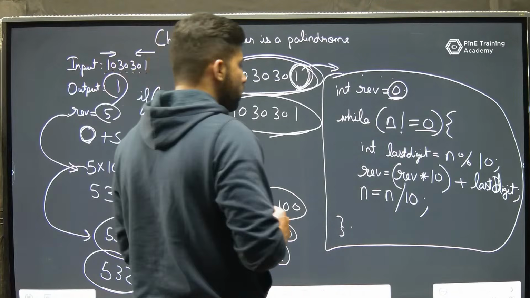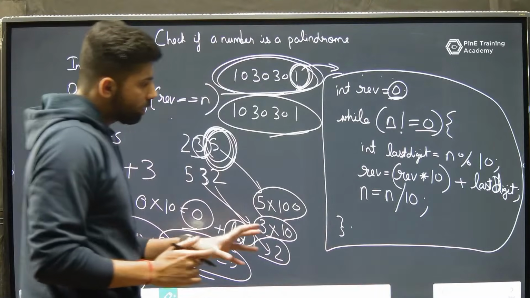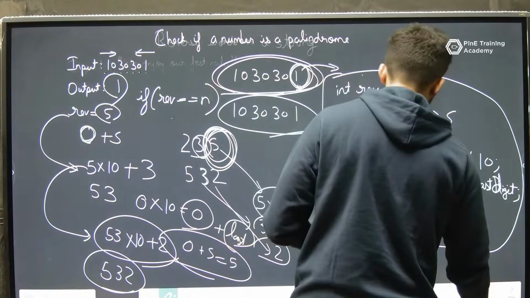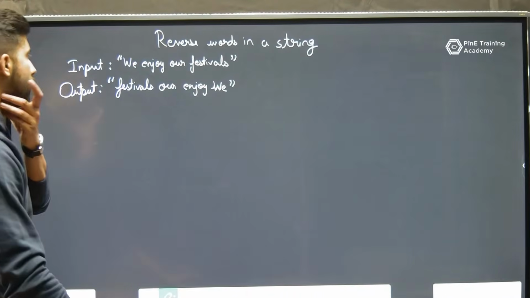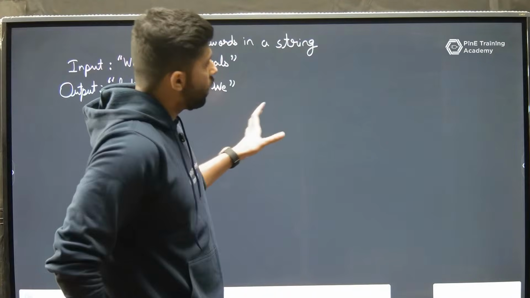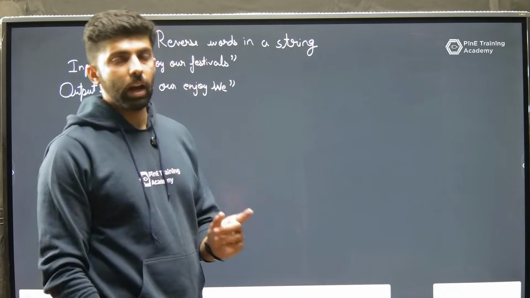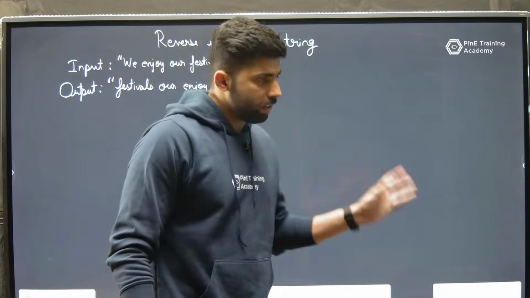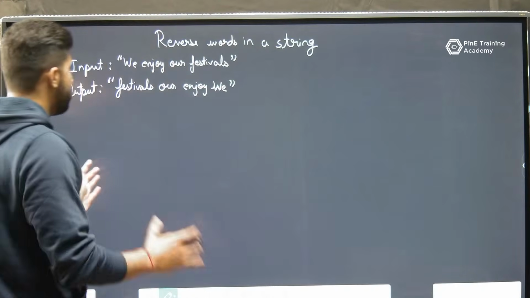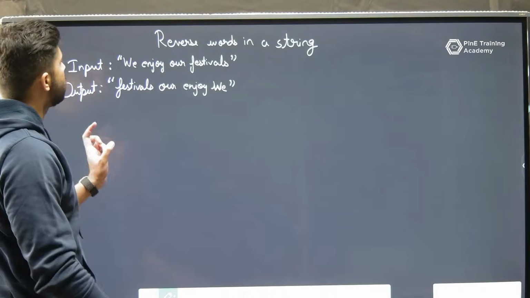Now let's move to the third problem. For this, I will not write the code, but I will discuss the solution. I want you to try to write the code. I will give you a hint how you can write, and we will discuss the complete solution first.